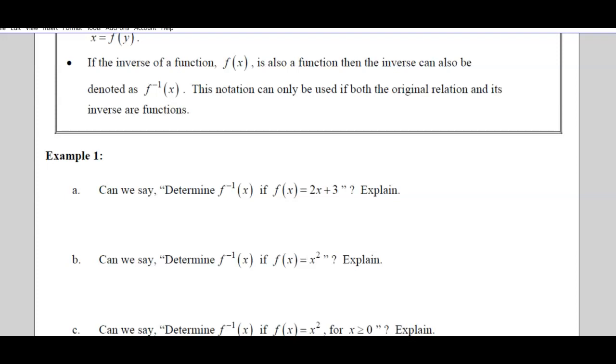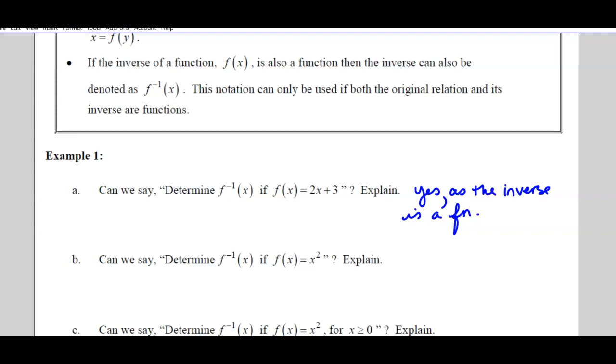Horizontal line, right? Because when you take the horizontal line and make the inverse, you get a vertical, which is not a function. So that's the only exception to that. So this, we would get a function. So yes, we can say this, as the inverse is a function. That's the short form of function, Fn.